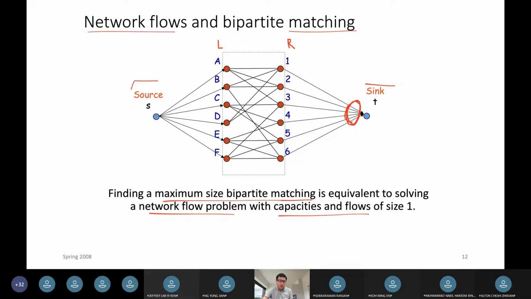It means that if there's a connection, the capacity is 1, and if there's flow, it is also 1. So it's just a simplified problem of the network flow. In general, the capacity and the flow can be more than 1, but now everything is restricted to 1.